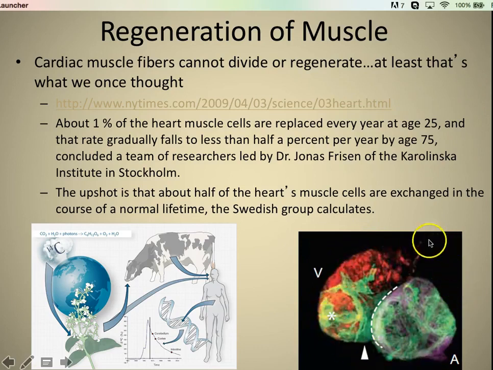This is actually the heart of a zebrafish, which is a fish. It doesn't particularly have zebra-like patterns, but whatever. It has a simpler heart than we do. So here's the atrium, and then here's the ventricle. In green are muscle cells from the atrium, and in red are heart muscle cells from the ventricle.